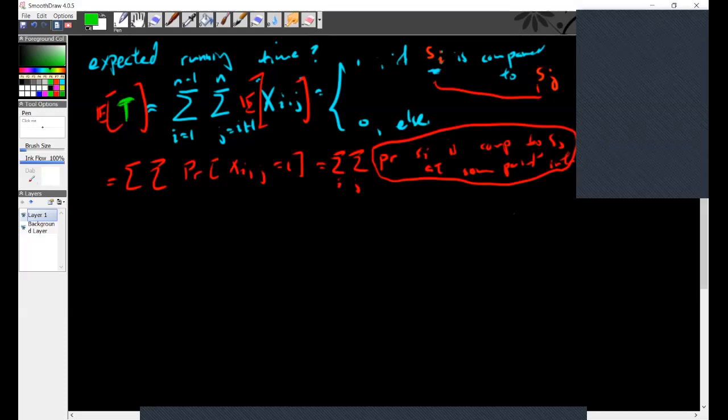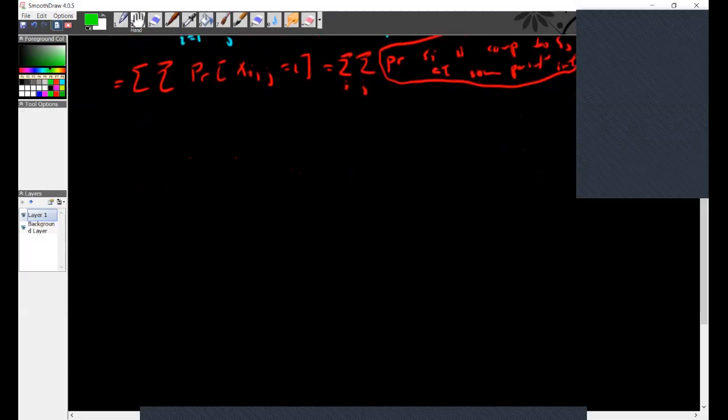Okay, so again, I need to draw the two arrays. Let me draw it here. So what was the input? I think the input array was red. Okay, let's not use red anymore, it looks like such a scary color. Let's use purple. So we have the input array, which looks like this: A1, A2, A3, and so on until An.